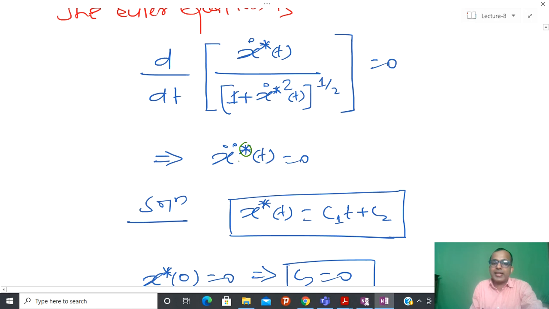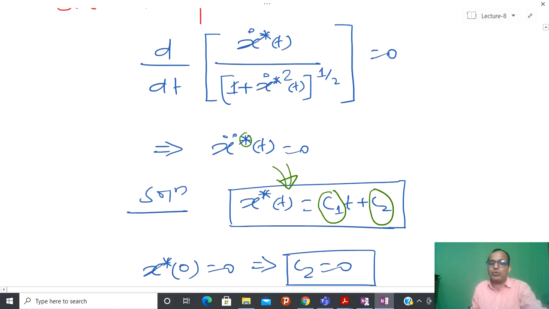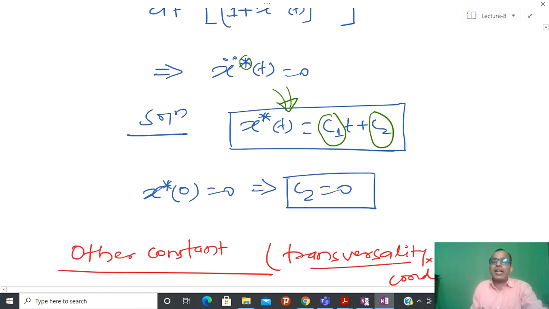And since this is a second order differential equation, the solution can be given like this, and I have to just specify the values of C1 and C2. Since we know that this particular extremal trajectory is passing through the origin, at t equal to 0 I have x star equal to 0, so C2 equal to 0.